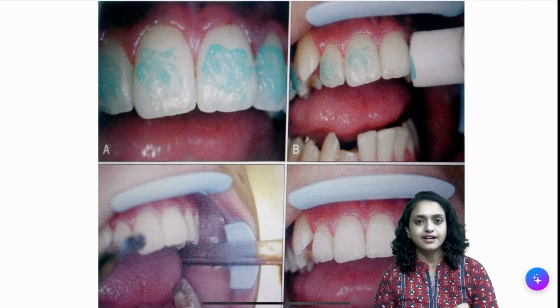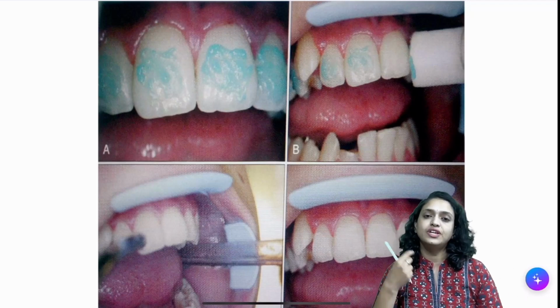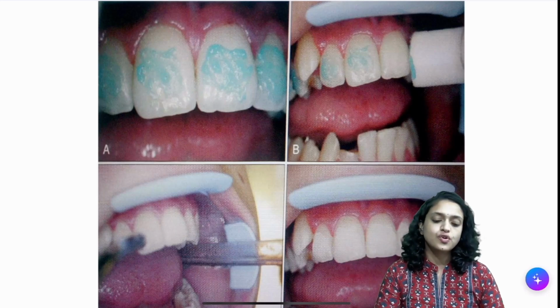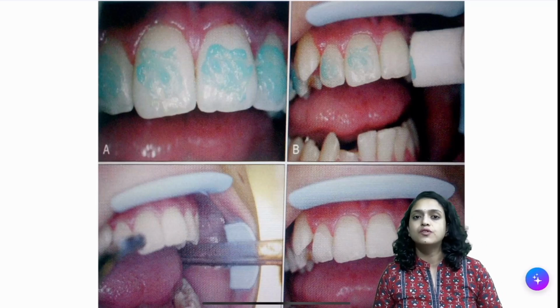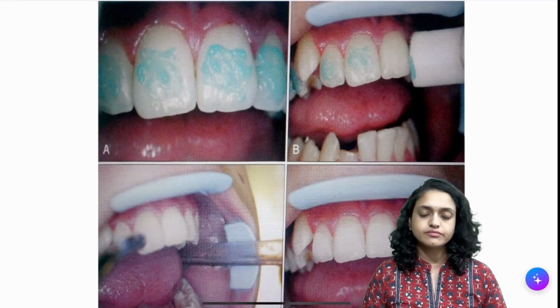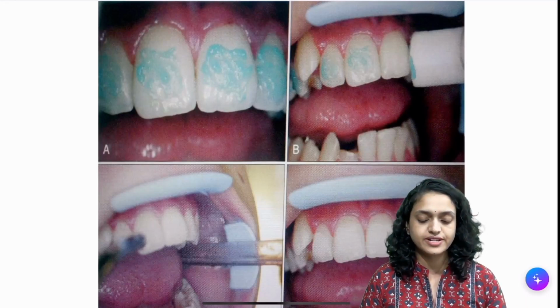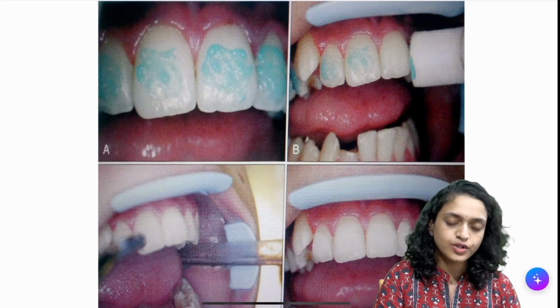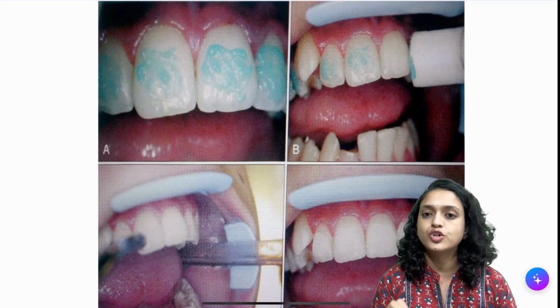If it is slightly colored and also a gel, it is easier to wash away after the etching procedure. Usually it is blue in color, which is in contrast to the mucosal color, which is red, and you apply the gel only in the area where you need to bond.